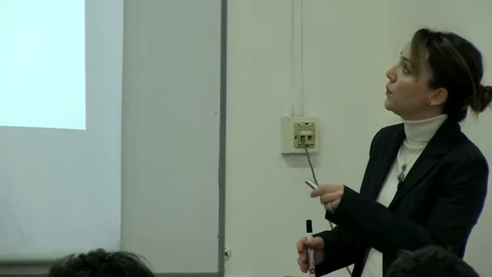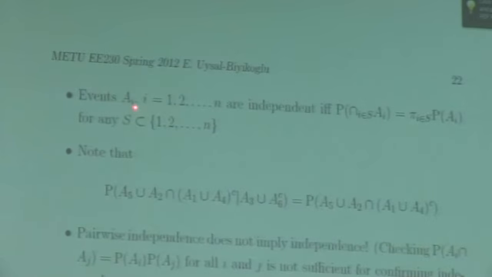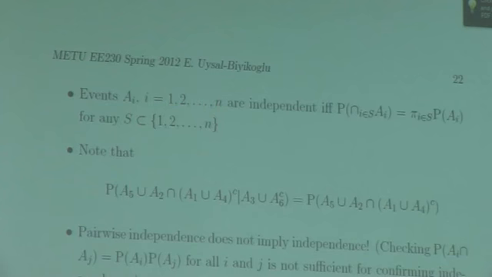So, precisely speaking, events A1, A2, A3 up to AN are independent if and only if the probability of the intersection of the Ai on any subset S of the set of indices 1 through N breaks up into a product of P of Ai, i taking values in the set S.